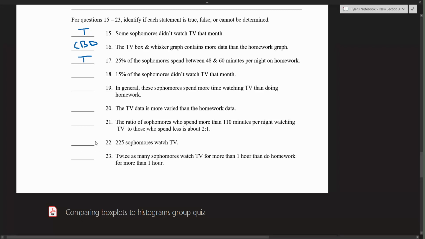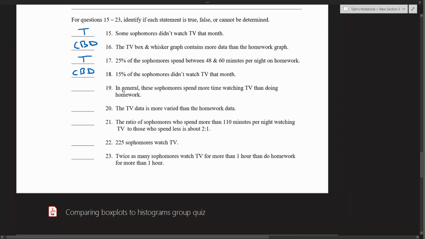Well, that cannot be determined also, because we're cutting into quarters, quartiles. So we can make some statements about 25%, 50%, 75%, and so forth, but we can't do in between, like 15%. We can't answer that just by knowing the box plot.